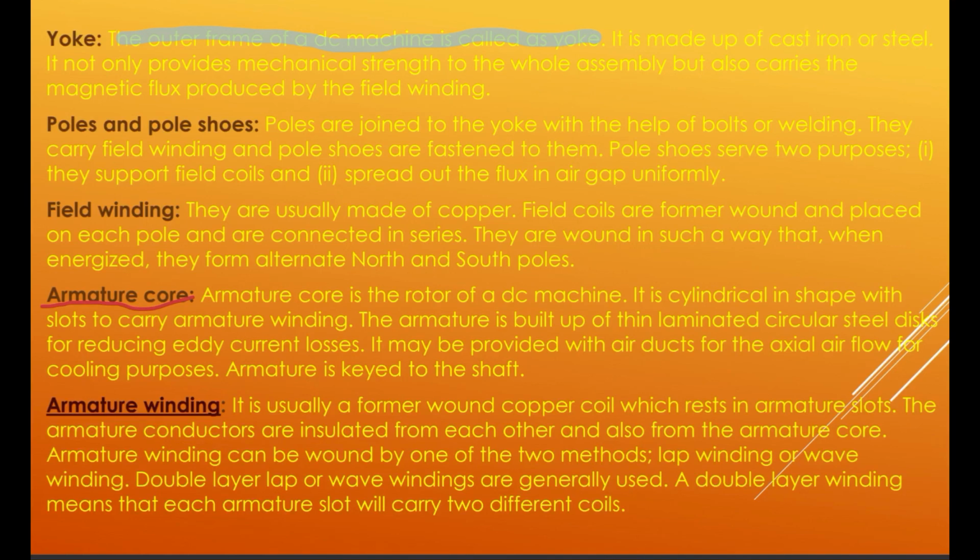It is cylindrical in shape with slots to carry the armature winding. The armature winding is usually a former wound copper coil which rests in armature slots. The armature conductors are insulated from each other and also from the armature core.